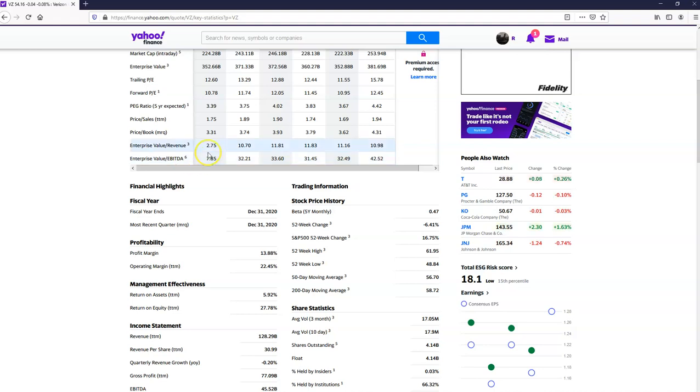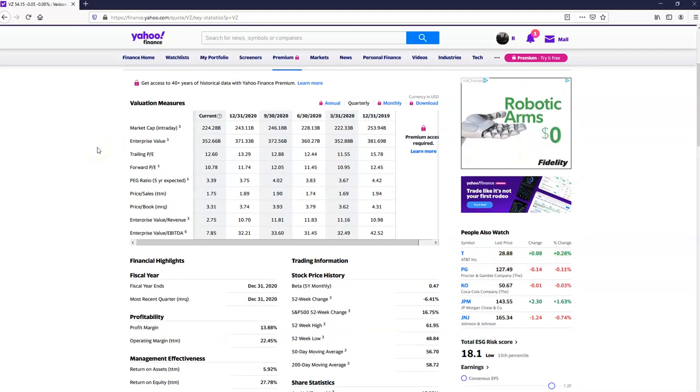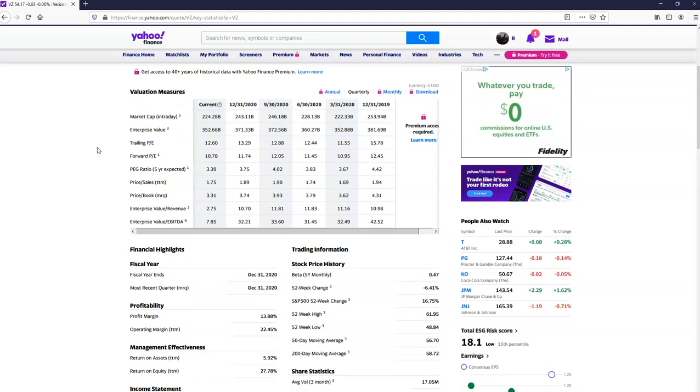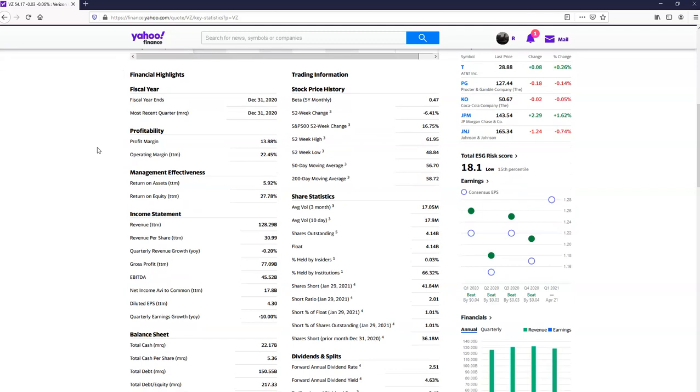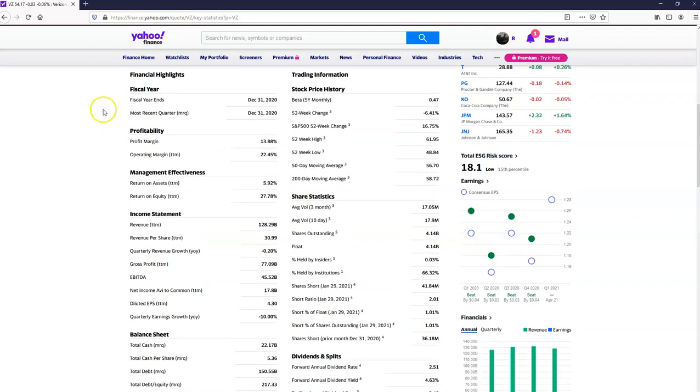Okay? All of these ratios, by the way, are supposed to basically give you an idea of whether a company is undervalued or overvalued, or whether it's estimated to grow or shrink in the future. All right. So let's keep going with all these other cool financial information that we have.